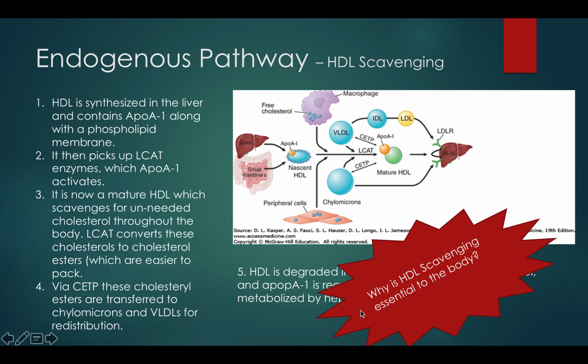So why is HDL scavenging essential to the body? The end game is HDL is important to the body because it is your only chance at a kind of third strike, you're out kind of thing, of getting your cholesterol a second chance at getting redistributed to the body. So once it's in the liver, it gets repackaged in here and gets a second chance at going somewhere rather than just building up where it doesn't need it. Maybe there's another cell that needs it.